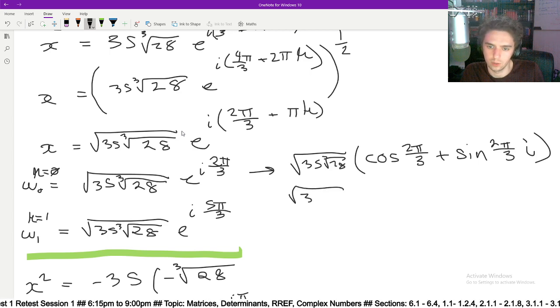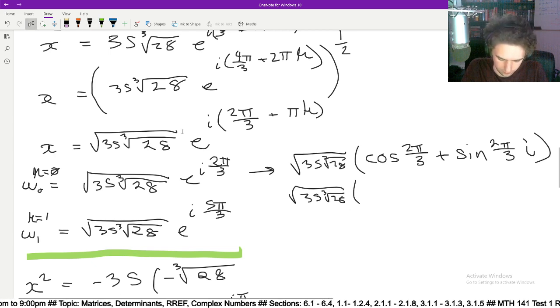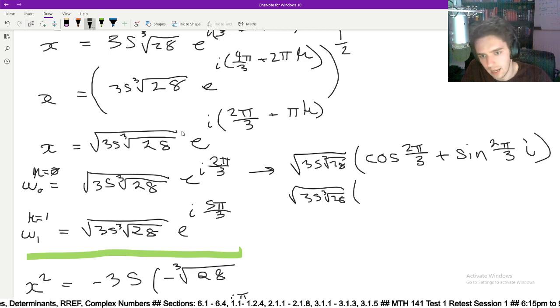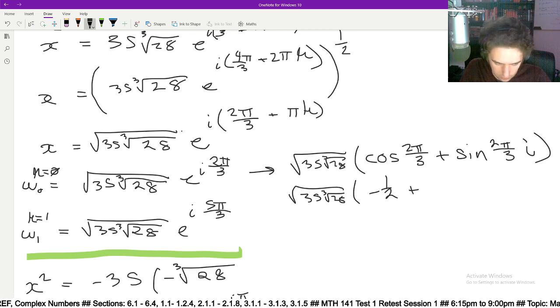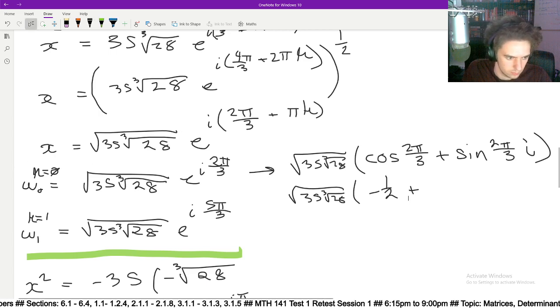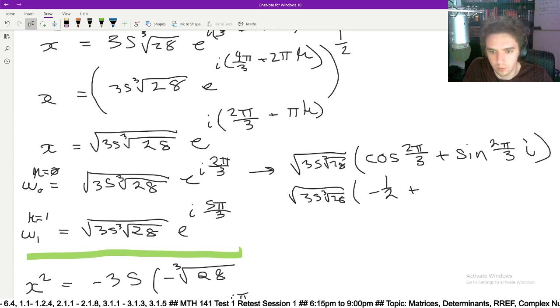So root 35 cube root 28, so cos 2 pi over 3 is negative a half, and then sine of that angle.